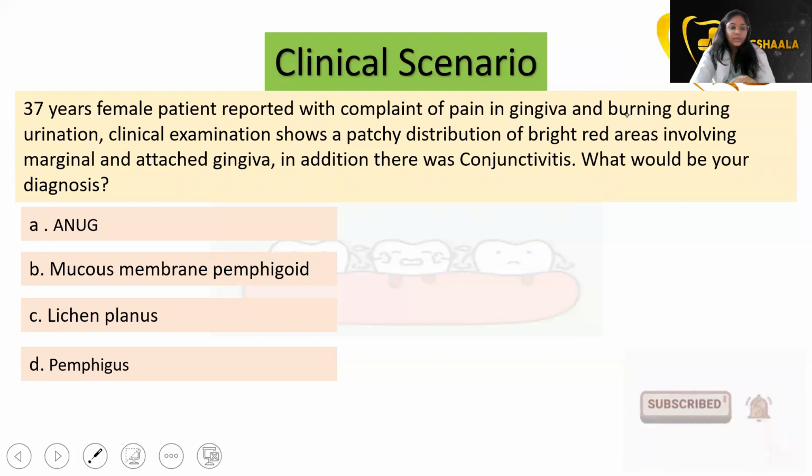The options given were ANUG, mucous membrane pemphigoid, lichen planus, and pemphigus. Since the patient is presenting even with conjunctivitis, it is most probably moving towards mucous membrane pemphigoid. In ANUG, lichen planus, or pemphigus, we do not see ocular lesions that prominently.